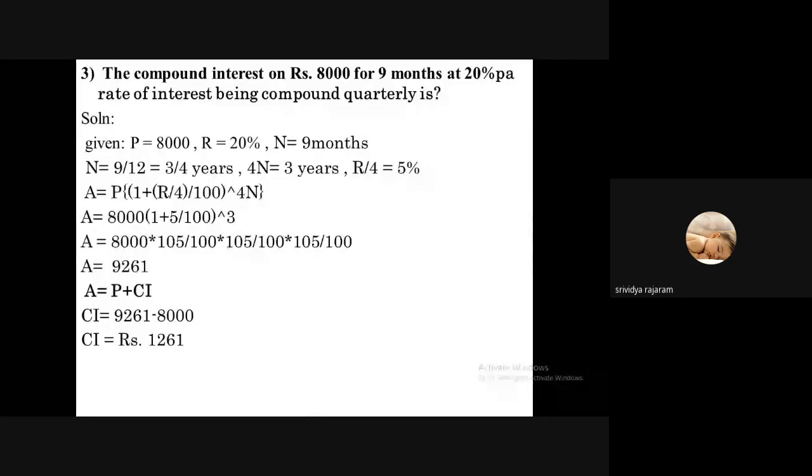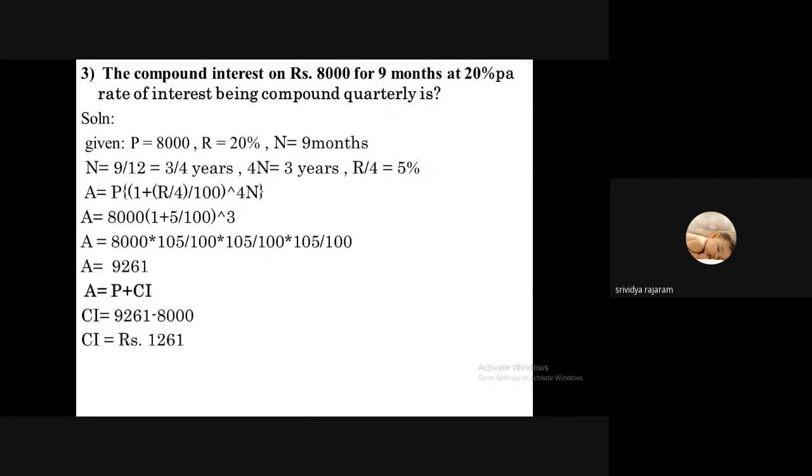So for quarterly, we have to divide 20 by 4. And make sure that n is given in years or not. In this problem also, n is not given in years, rather it is given in months. So first convert the given n from months into years. So 9 divided by 12, we get n as 3 by 4 years.